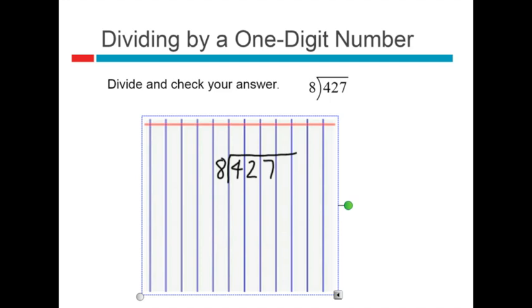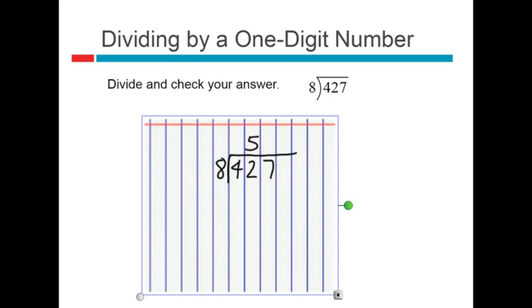One thing I'm going to ask myself is, does 8 divide 4? Well, no, it doesn't. But does 8 divide 42? Well, yes. 8 times 5 is 40. So 42 divided by 8 is approximately 5. So I write 5 above the 2.